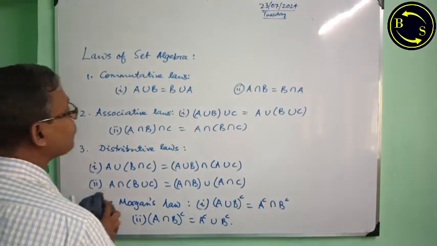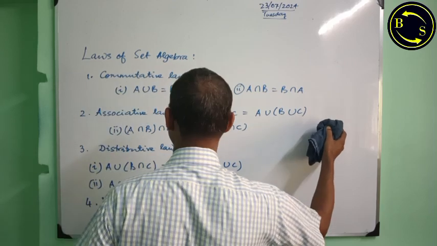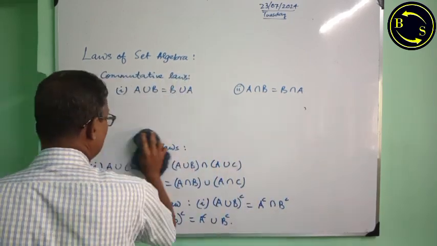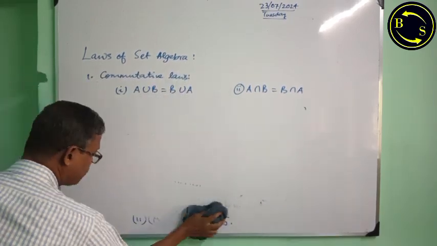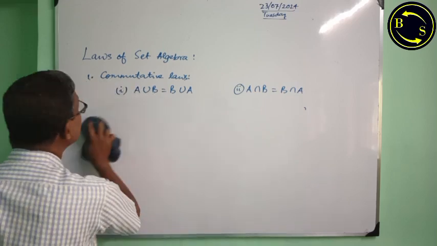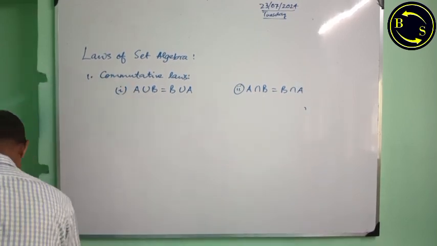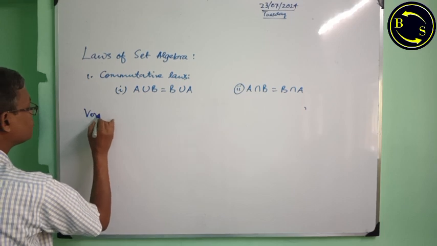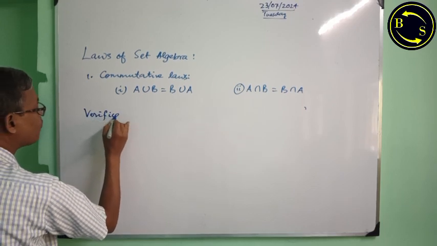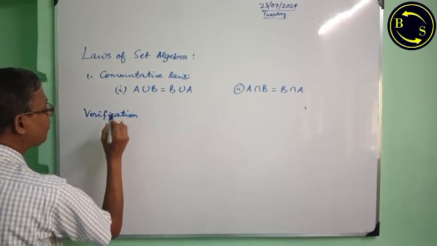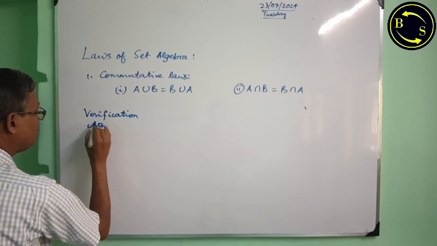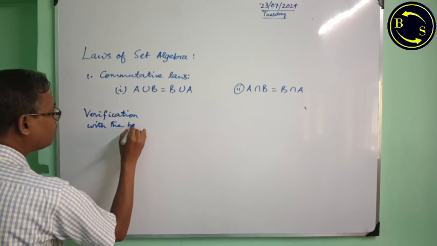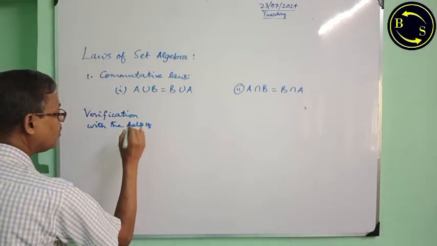Now I take one of the first laws, commutative law. First I verify with the help of Venn diagram.